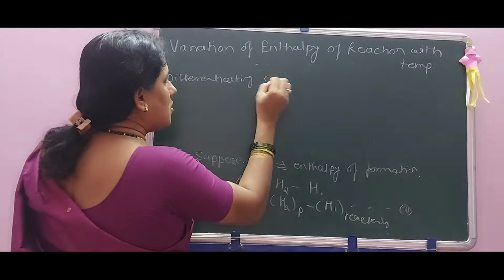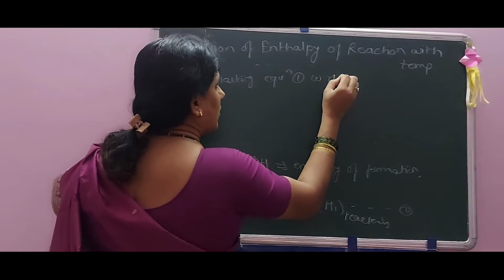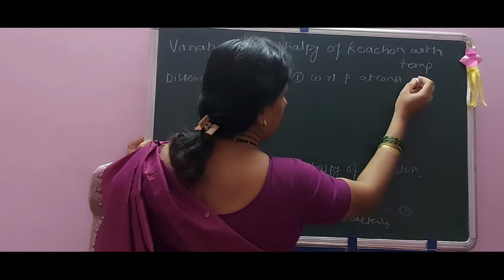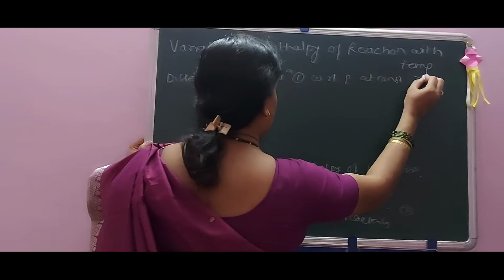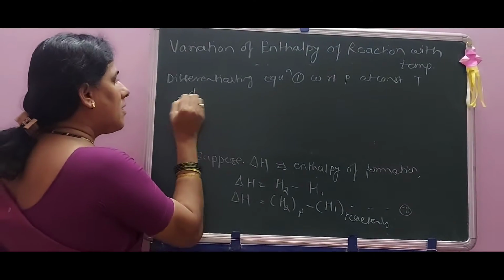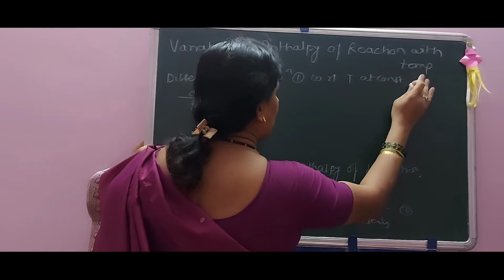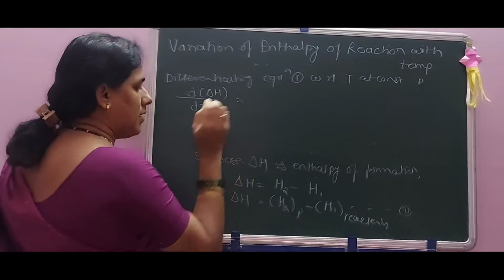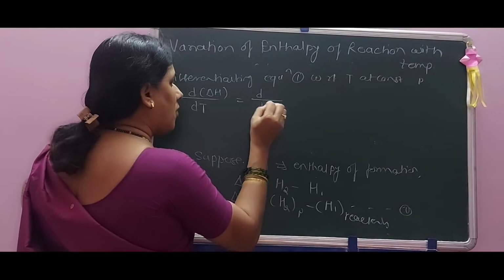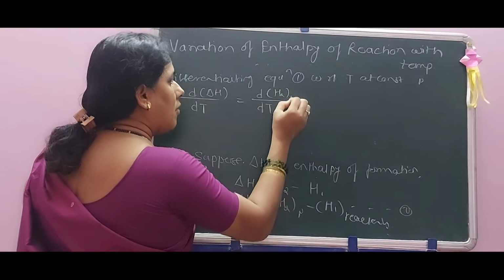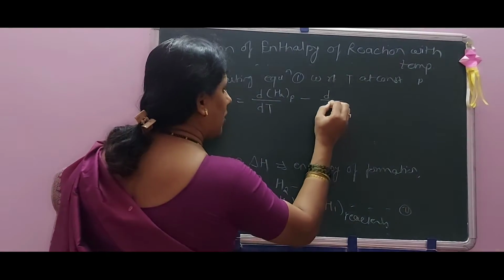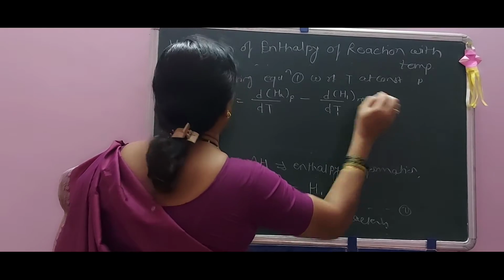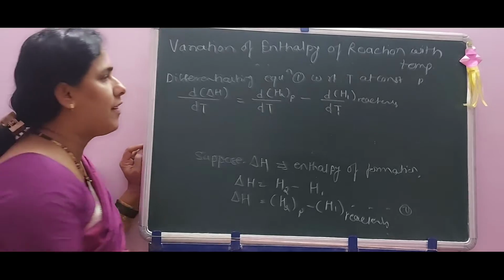Differentiating equation 1 with respect to temperature at constant pressure, d by dT of delta H is equal to d by dT of H2 of the products minus d by dT of H1 of the reactants. This is the differentiated form of the equation.